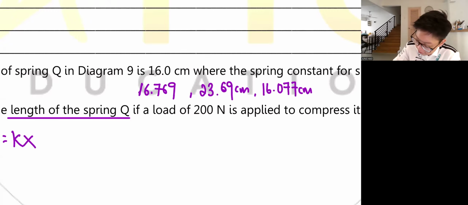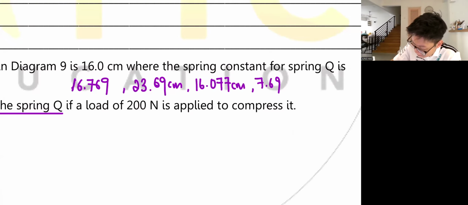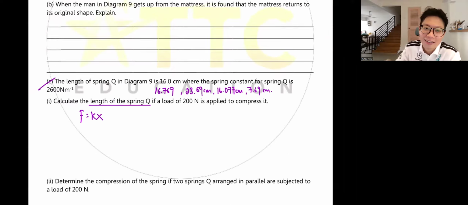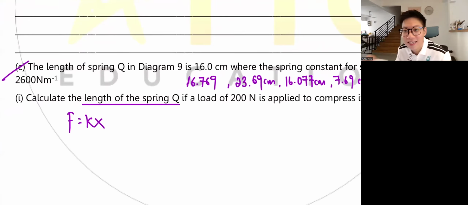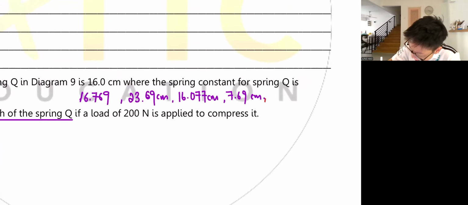Okay, we have a 7.69 cm. Okay, come on guys, let's talk about the answer, 8.31 cm.